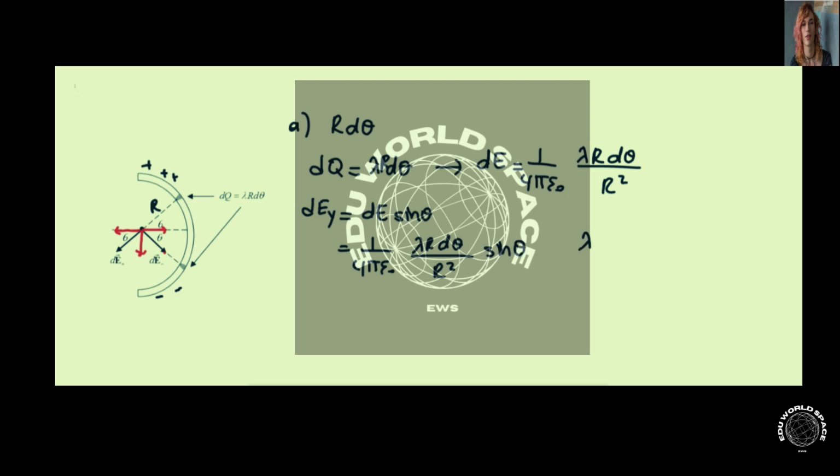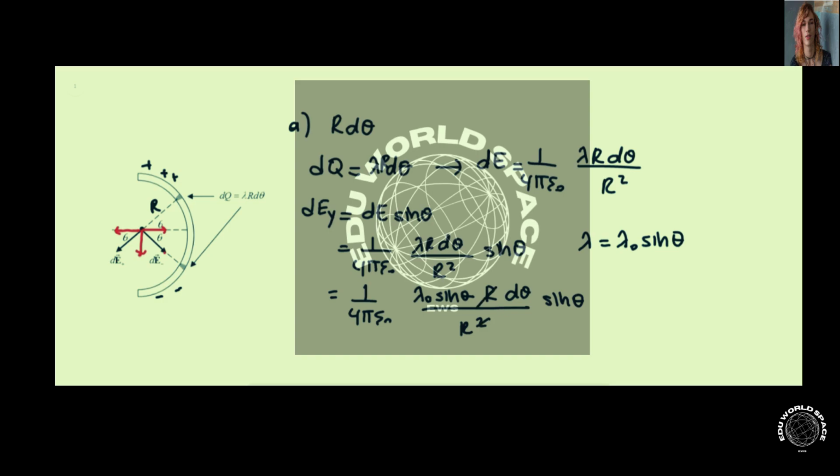Now also in the problem, lambda is not a uniform charge distribution. It's given to us as a function of sine theta. So we can substitute for that: 1 over 4 pi epsilon naught lambda naught sine theta r d theta over r squared, and we have one more sine theta here coming from the fact that we're dealing with the y component.